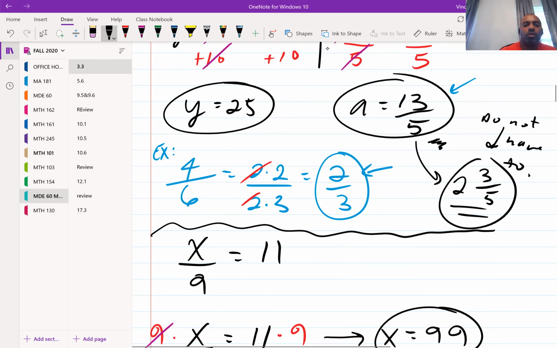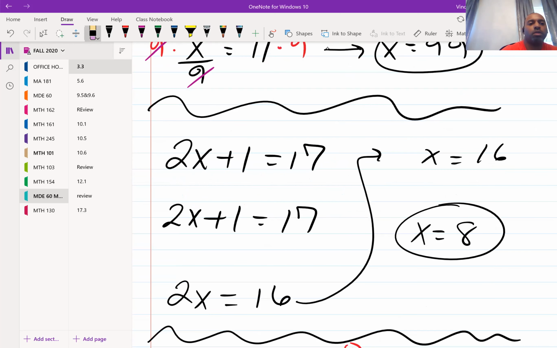All right, so we have this original problem of 2x plus 1 equal to 17. We have multiple operations being applied to this x.